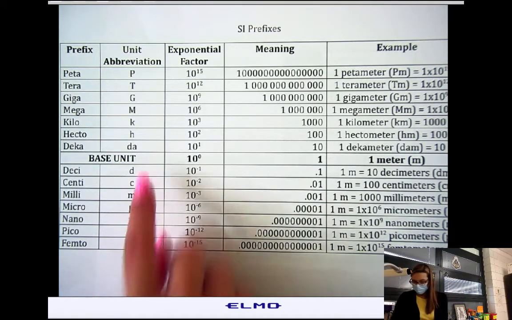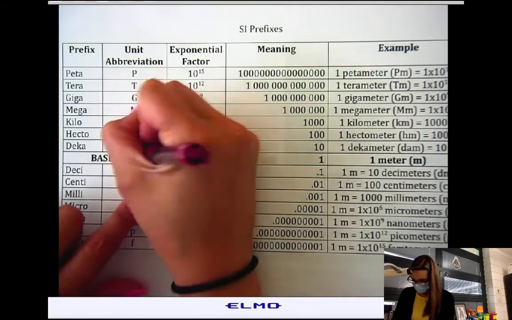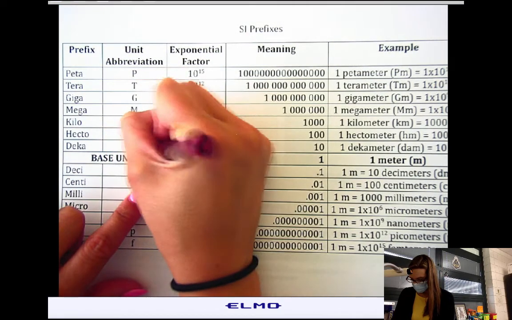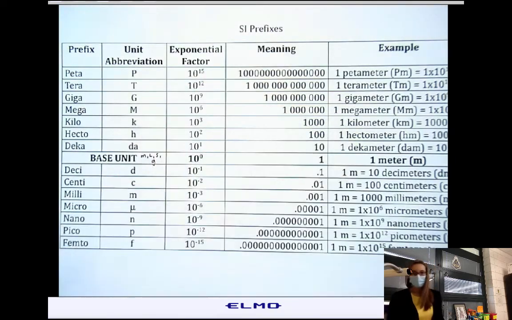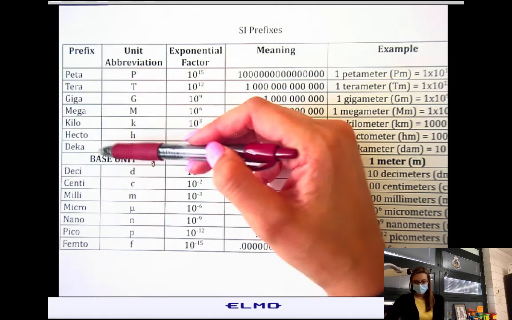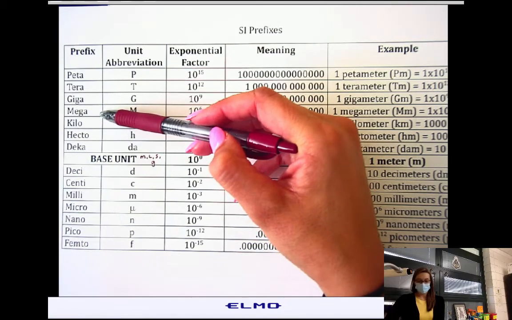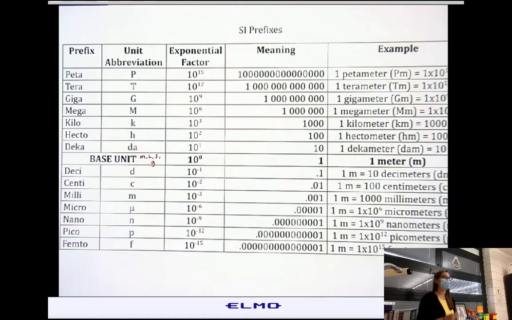This shows you, here's the base unit. Base unit could be meters, could be liters, could be seconds, could be grams. That's called a base unit. Then we have all of these prefixes. So we have deca, kilo, mega, giga and tera. You hear that with bytes for computers.